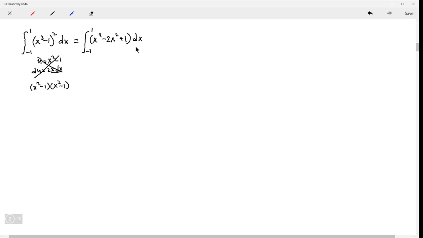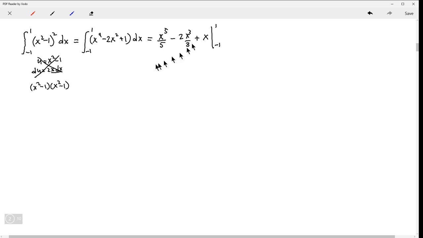And now I can use the power rule on it. So x to the 4th, we add 1 to the exponent, that becomes x to the 5th over 5, minus 2, and then add 1 to the exponent, so that becomes x to the 3rd over 3, plus the antiderivative of a constant, which is the constant times x, and then we're evaluating that from -1 to 1.